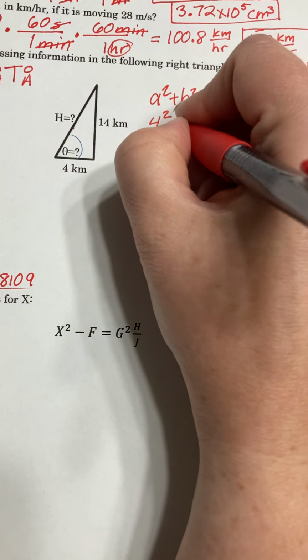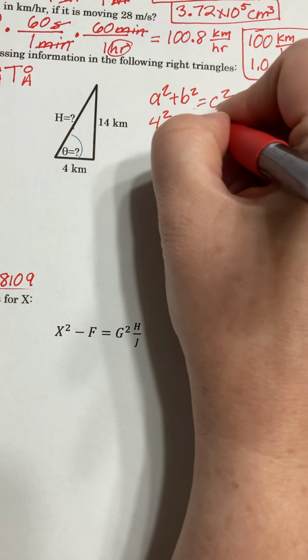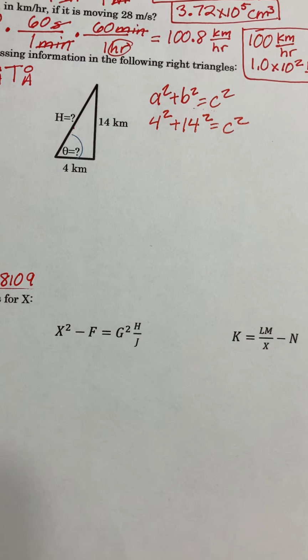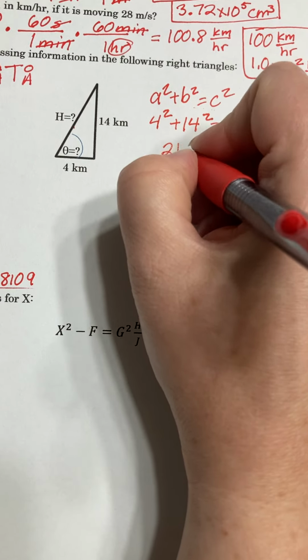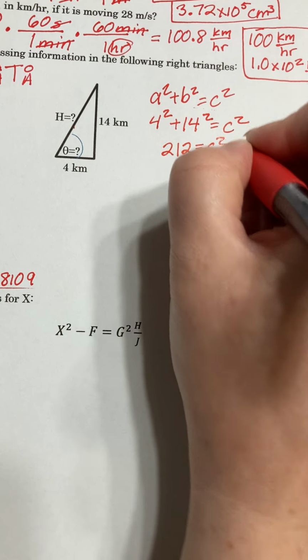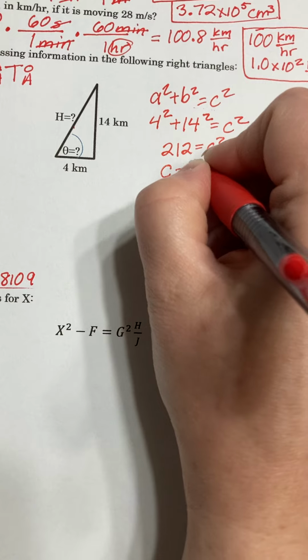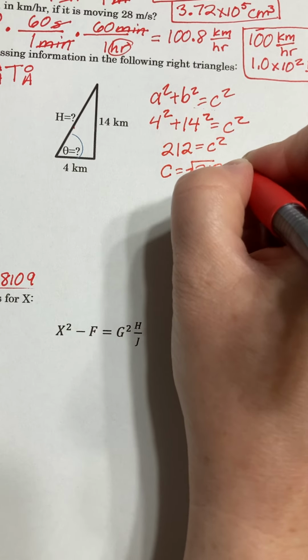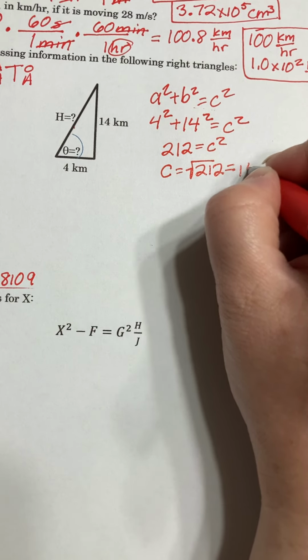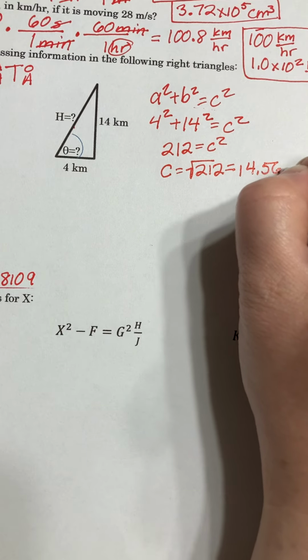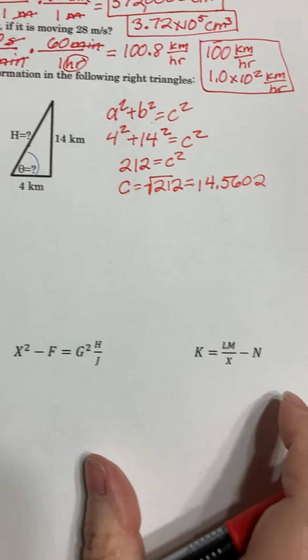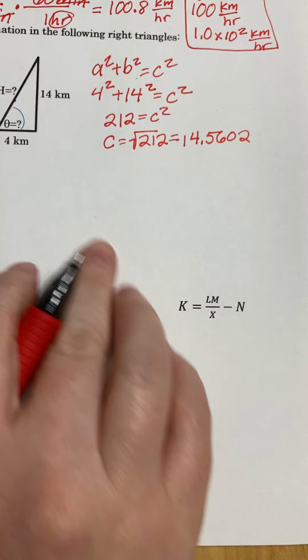So 4 squared plus 14 squared equals c squared. We get 212 equals c squared, so c is the square root of 212, which is 14.5602. Then again, same thing with sig figs.